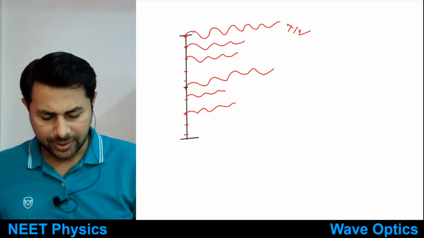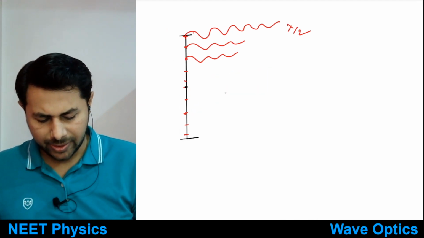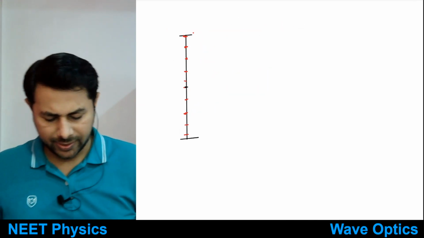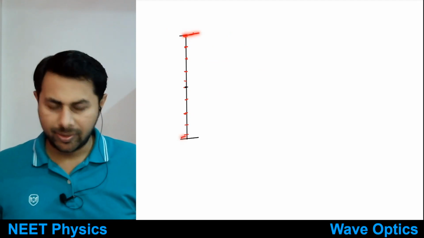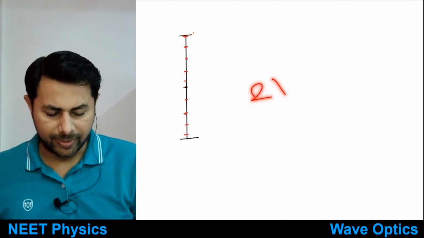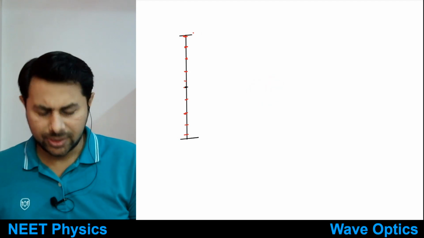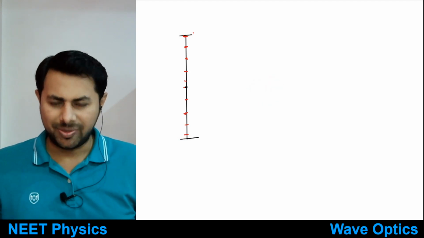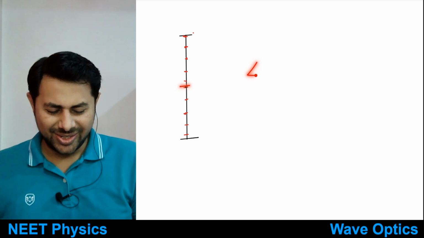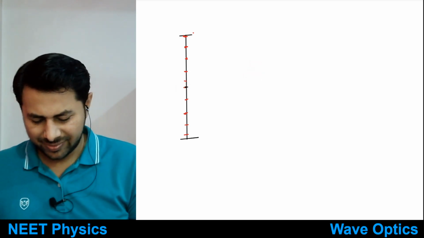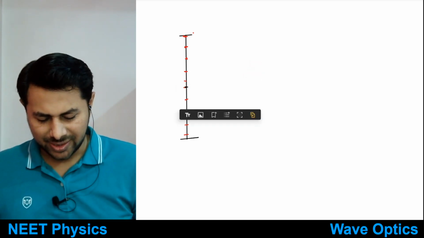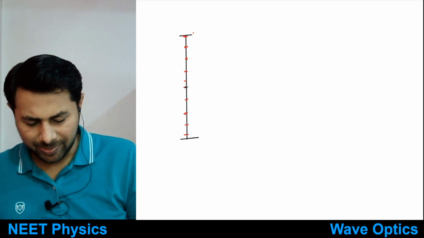Similarly, you can consider the path difference between the extreme points, that is the top edge and the bottom edge, to be equal to 2 lambda. Then you can consider the screen to be broken, broken meaning divided into what? 4 parts. Let's consider the screen to be divided into 4 equal parts.